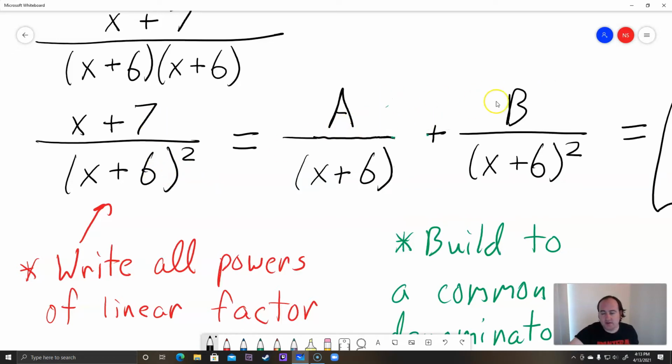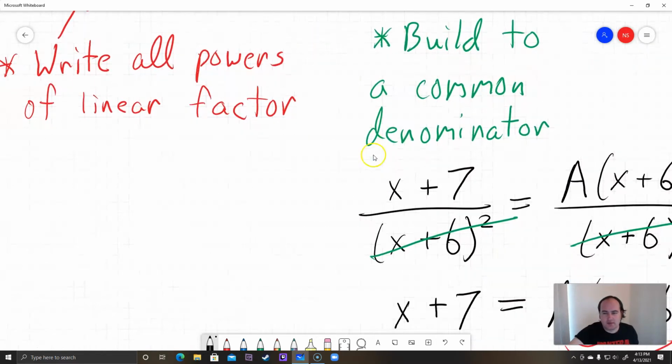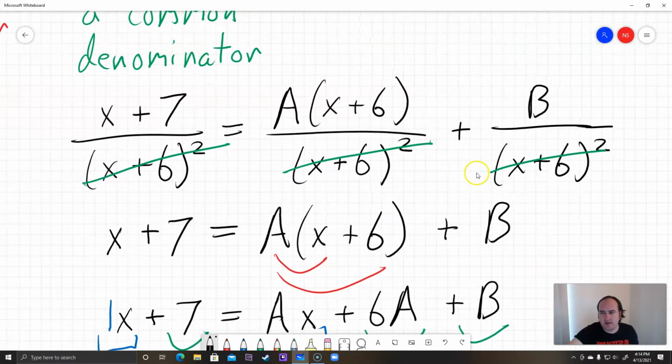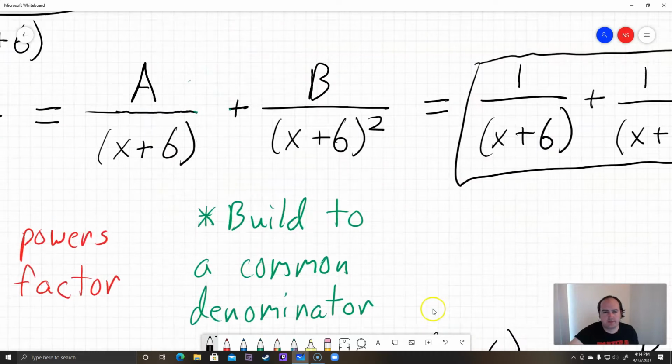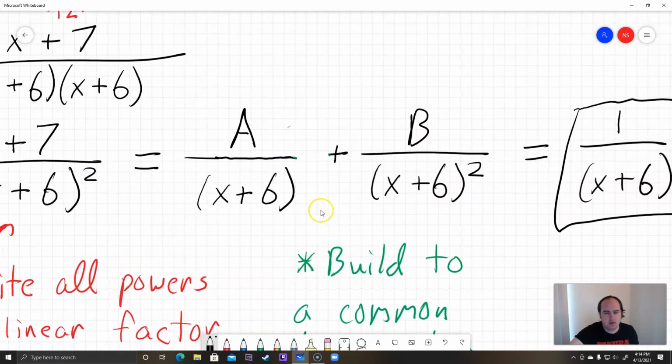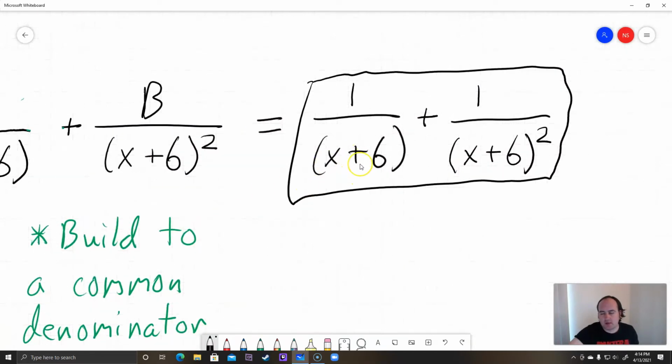But me personally, just looking at this, I might not be able to guess it as easily. But once you got down further here, you might have been able to guess what everything was. Okay? But yeah, that is our partial fraction decomposition.